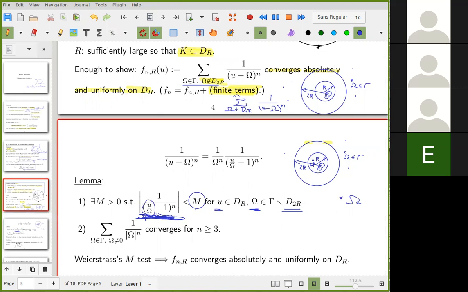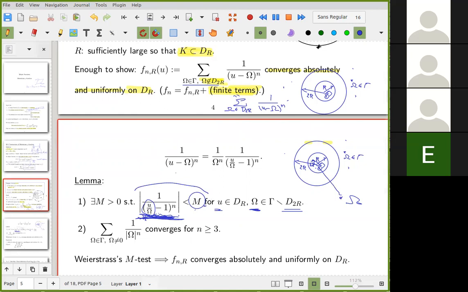You see that such a ratio of U and omega is probably less than 1/2 or something like that. We don't need an exact estimate, but anyway, we have such an estimate.